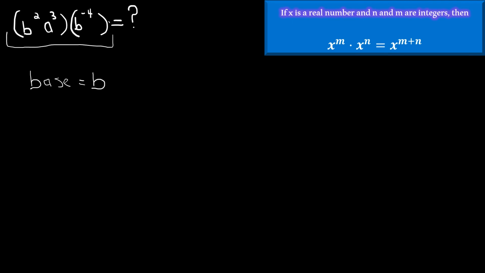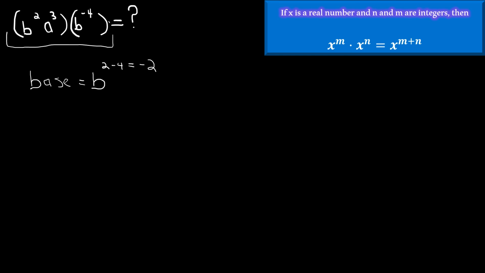And we can still bring out those exponents, 2 minus 4. Normally we can still write it as 2 plus the negative 4, but regardless, you're still going to get the same answer. So we just use 2 minus 4, which equals negative 2.